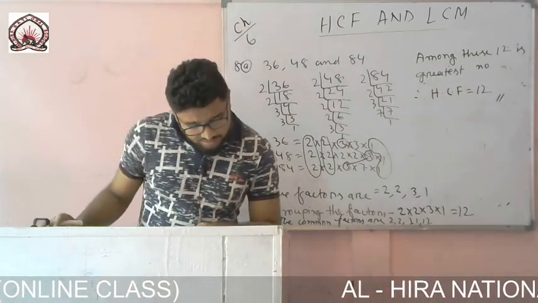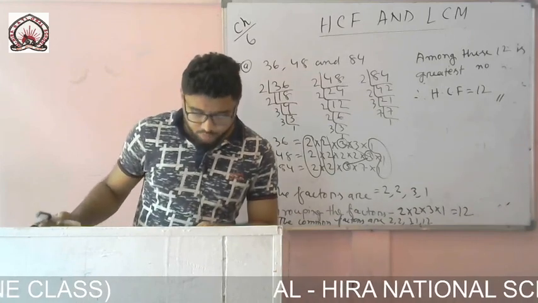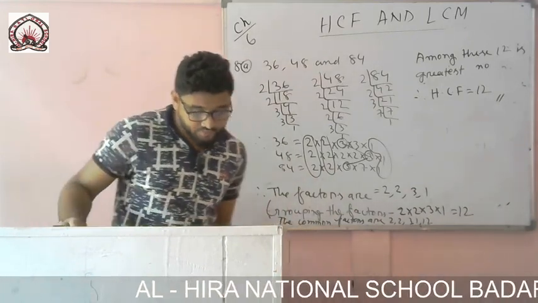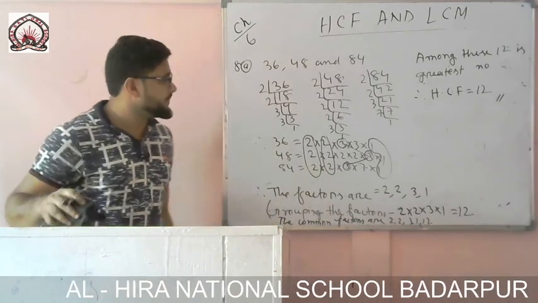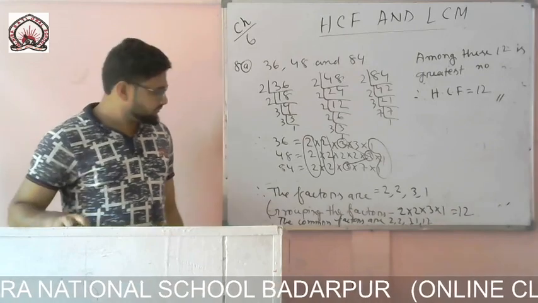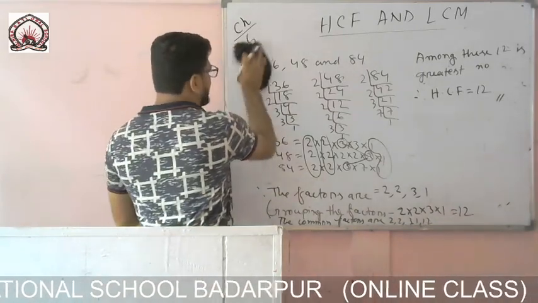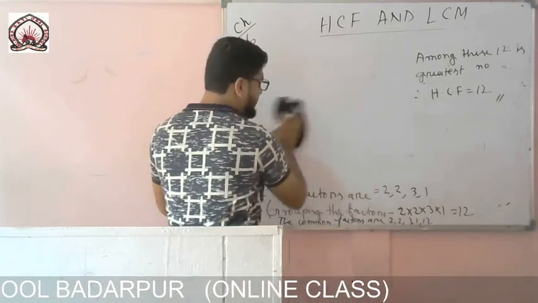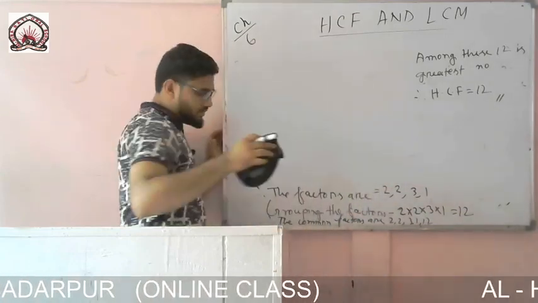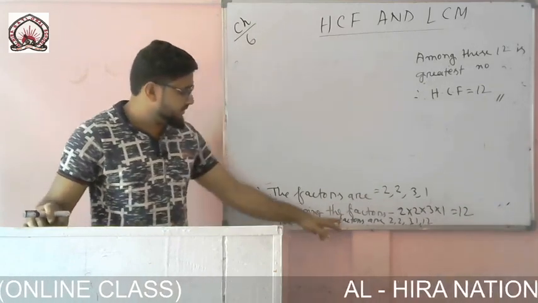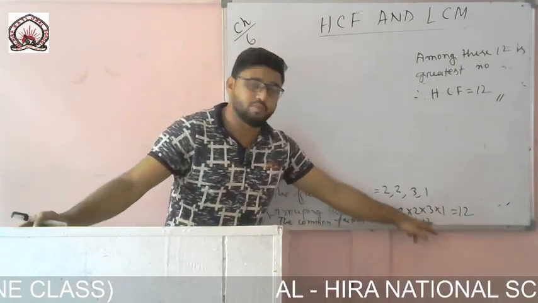Now write. Now which question? Okay, come to C. 54, 72, 90. Here the last line is the common factors are 2, 2, 3, 1, 12.